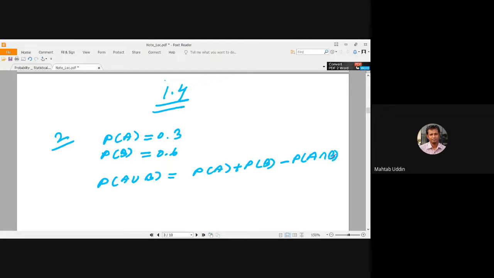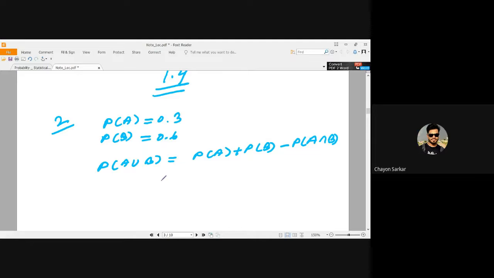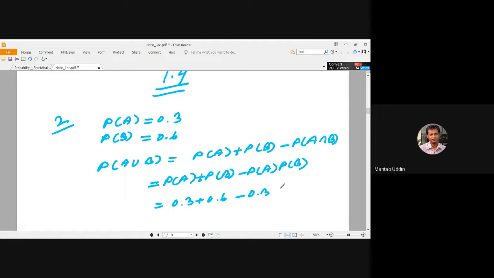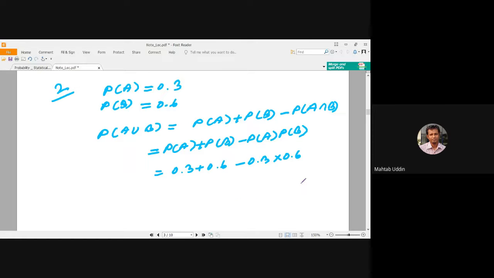You know. Yes, sir. But here they are independent. As they are independent, what can you write? So 0.3 plus 0.6 minus 0.3 into 0.6. After the calculation, we'll get 0.72. Do you understand?